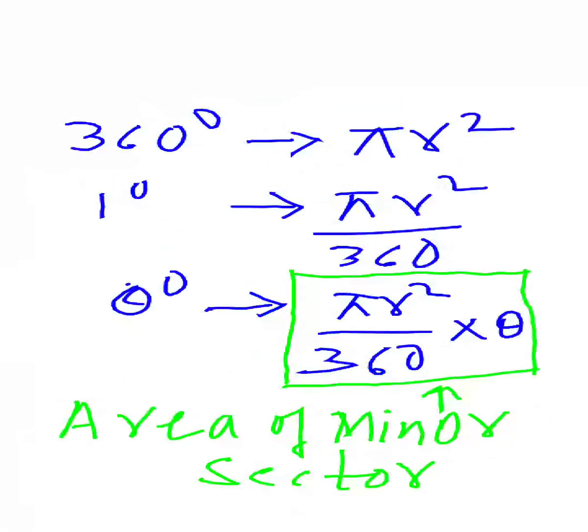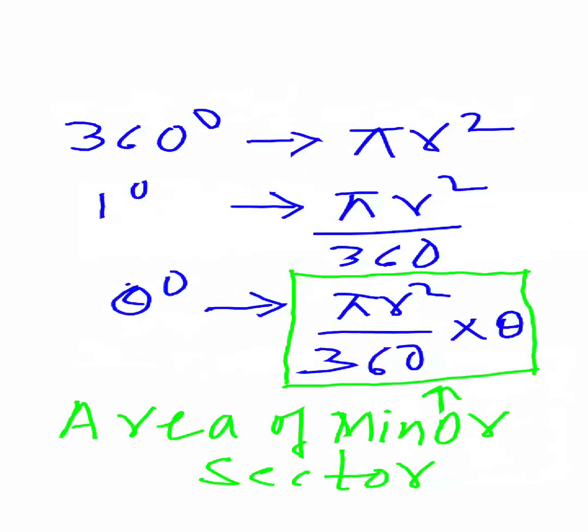Okay, area we have covered. Now see, it's a kind of a parameter, the parameter for that particular sector, whether it is minor or major, doesn't matter. The theta could be more than 100 also, it could be less than 50 also, whatever.